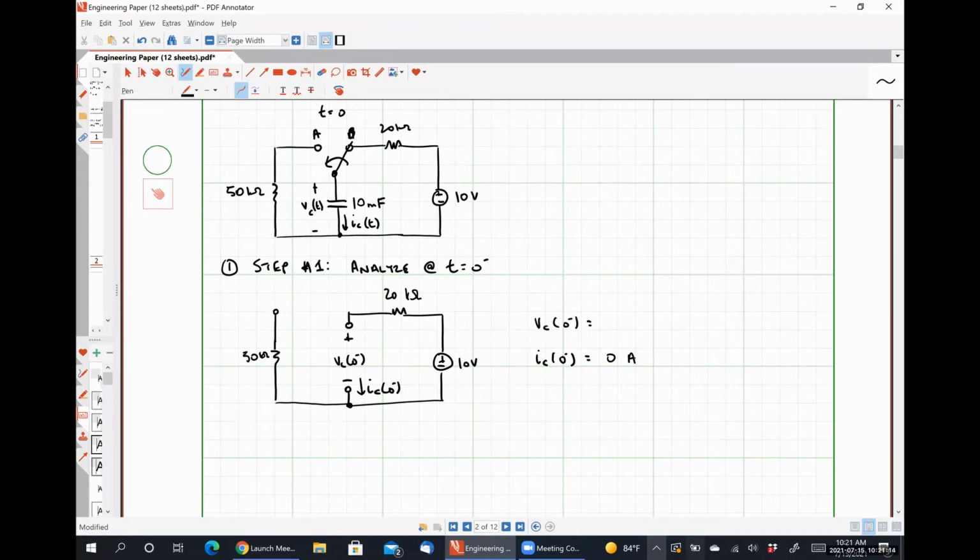If there's no voltage across the 20 kilo ohm, would it just be the same as 10 volts? Exactly right. So it's a simple application of Kirchhoff's voltage law. If we know that this voltage is 0, Kirchhoff's voltage law tells us that VC has to be equal to 10 volts.